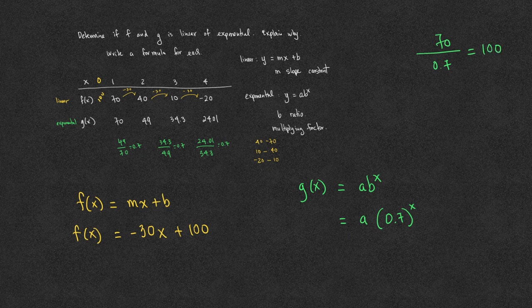And so the initial value is 100. The multiplying factor is 0.7, and this is an exponential function for g of x. We can also check if this function works as well. When we plug in 1, we get 100 times 0.7, which is 70. When we plug in 2, 0.7 raised to the 2 power is 0.49. 0.49 times 100 is 49.